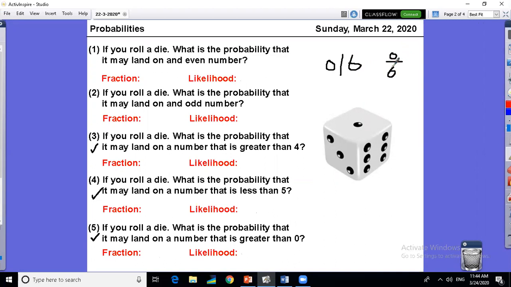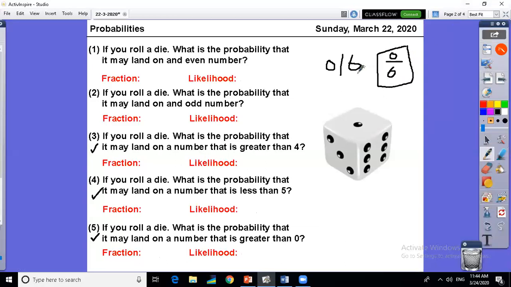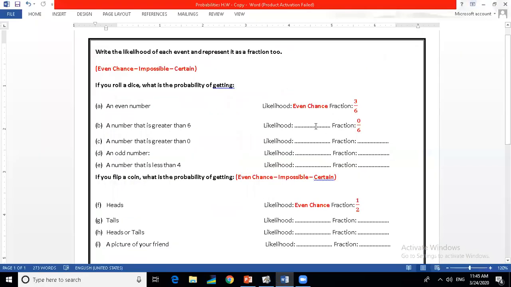Please, okay? From now on, I want you to start writing the fraction this way. Most of you in the homework wrote it the other way. It is correct, but from now on, I want you to use this way of writing a fraction. 0 over 6, we'll write it this way. Okay, good. So here we said it is 0 over 6, which is impossible.